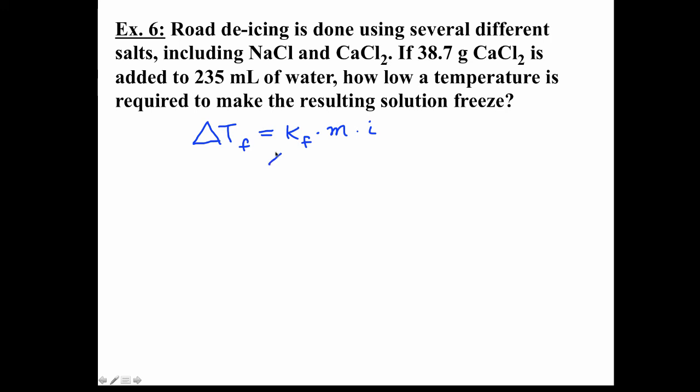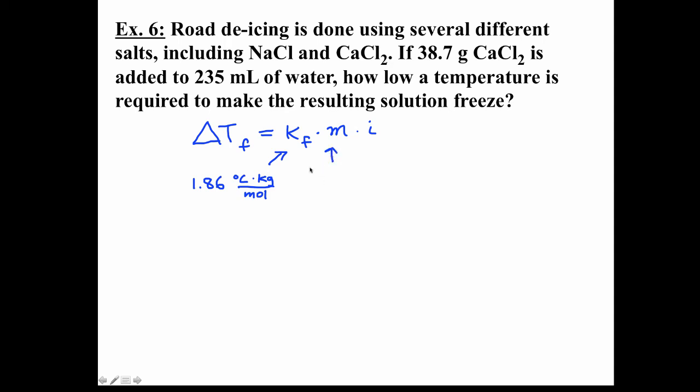Now, in this case, the freezing point constant for water is 1.86, and the units are degrees Celsius kilogram per mole. And freezing point constant values are things that are found in tables.